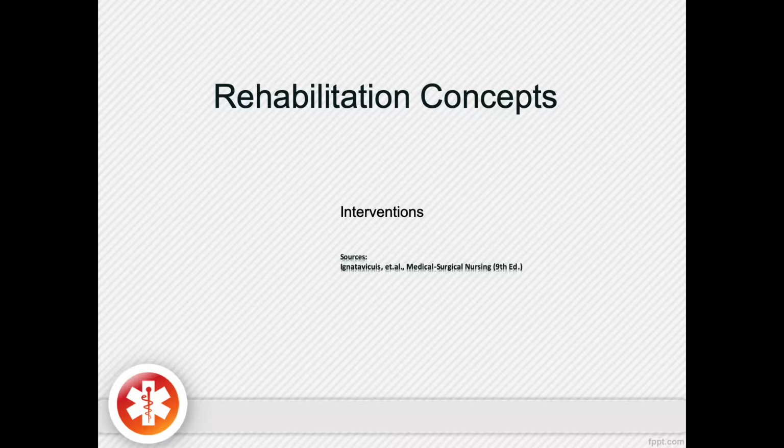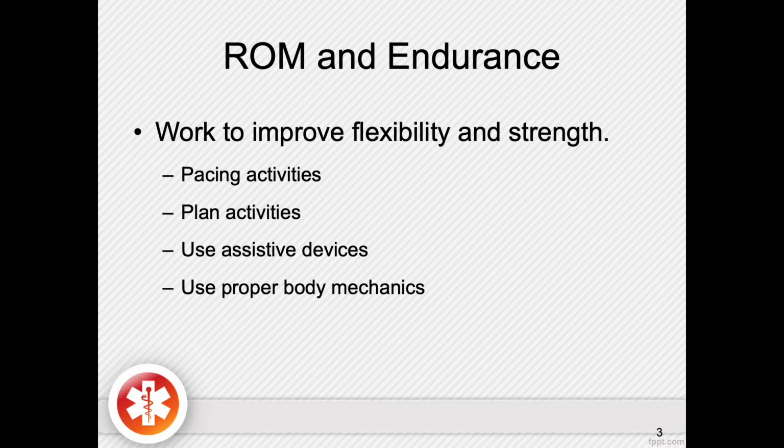In many cases, the patient who is admitted to rehabilitation will have deficits in mobility and strength. Therefore, one of the primary things the team can do is work on range of motion and endurance. That is, work to improve flexibility and strength.